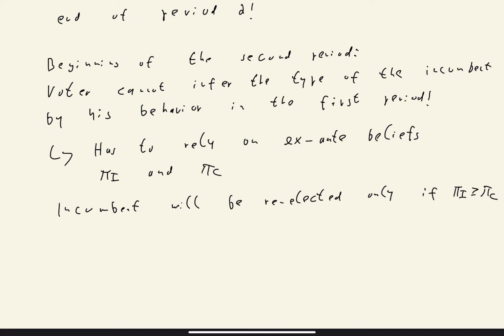The voter will re-elect the incumbent if and only if his ex ante belief of the incumbent being of a congruent type is higher than his belief about the challenger being a congruent type. Now we can check whether the behavior of the incumbent in the first period, choosing policy A independent of his type, is optimal.